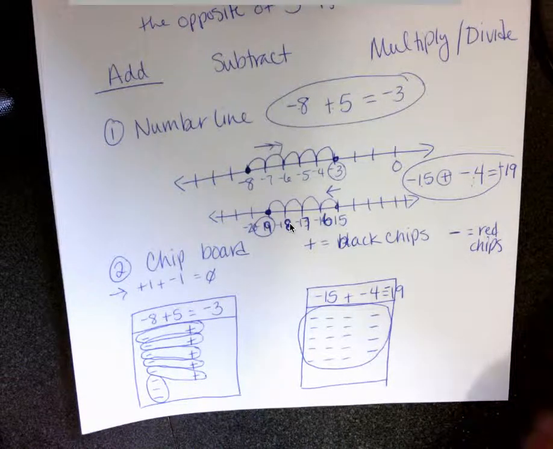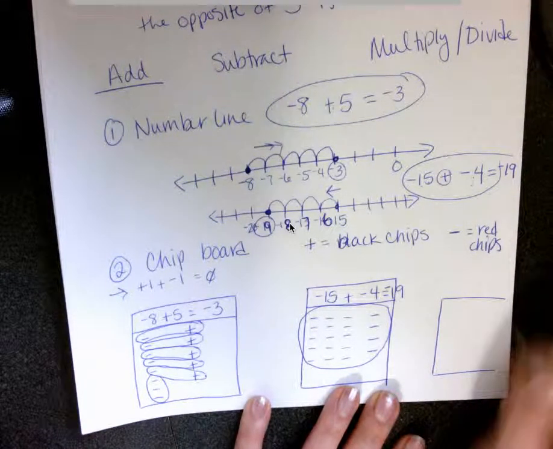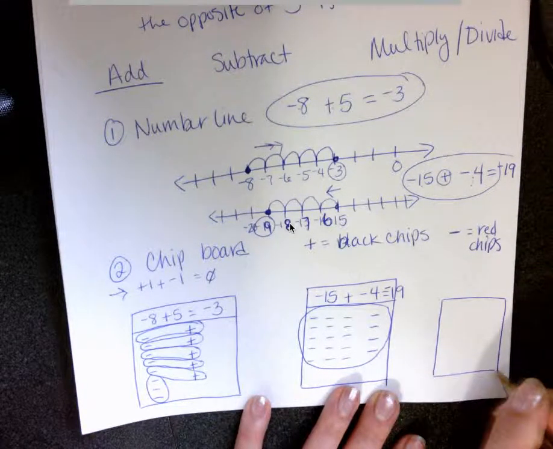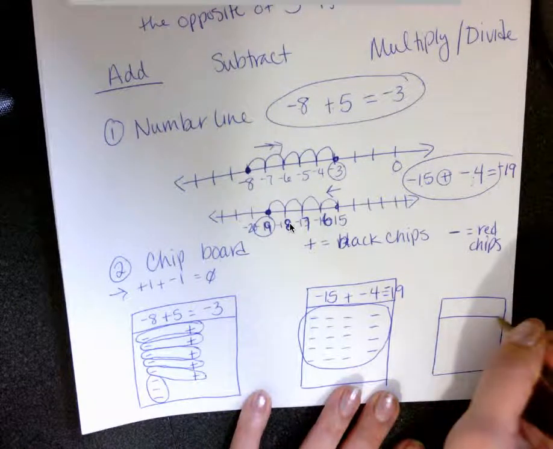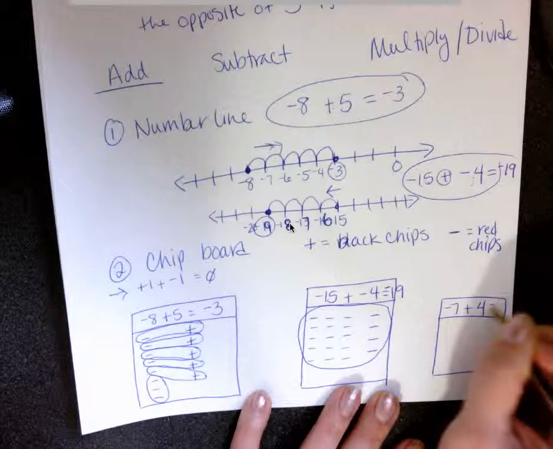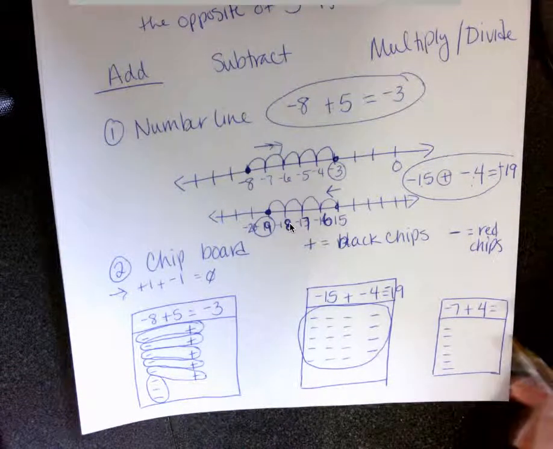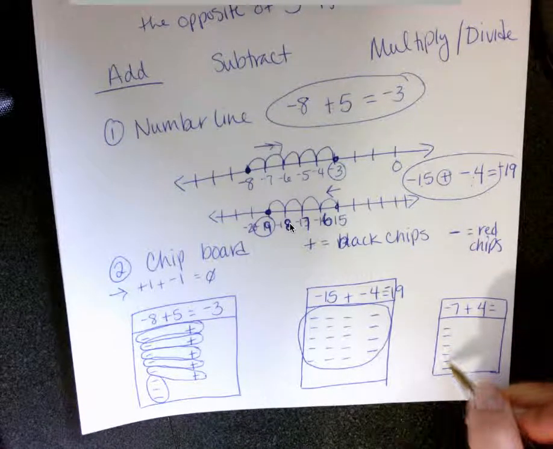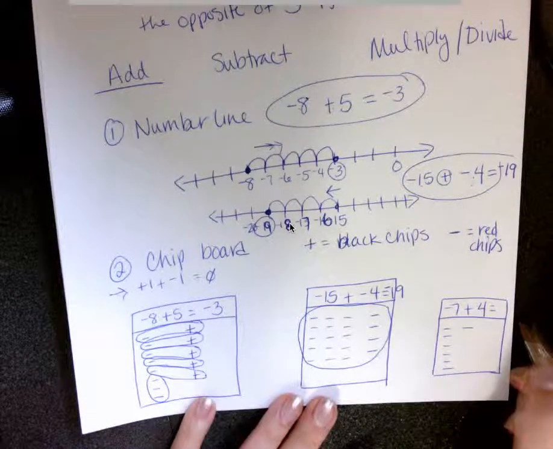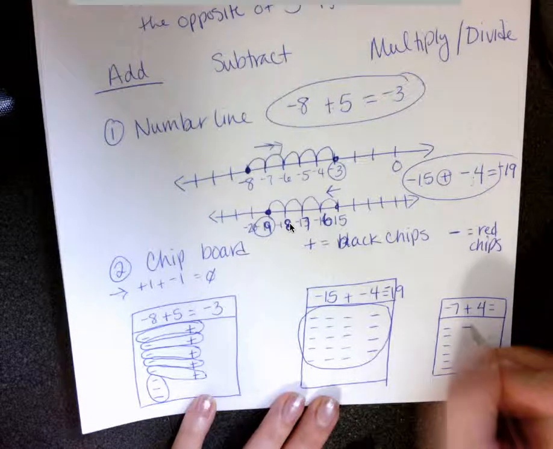You could get a little bit quicker if you wanted. If I had negative 7 plus 4, if I have 7 negatives, 1, 2, 3, 4, 5, 6, 7 of them, after I've done this a while, I use a shortcut and I just turn them into positives.